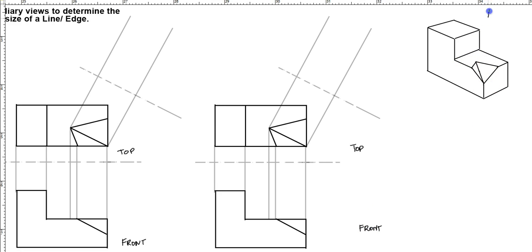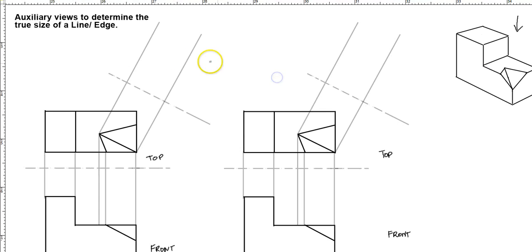So when I'm looking on the top view, I'm looking in this direction, so I see this surface and this surface, which is this and this. I even see these two surfaces because they are at an angle. If they were at a right angle, I wouldn't be seeing them, but now they are angled, so I will be seeing them. So what we want to find is the true size of the line or an edge.